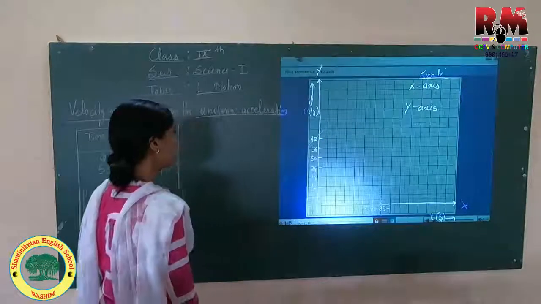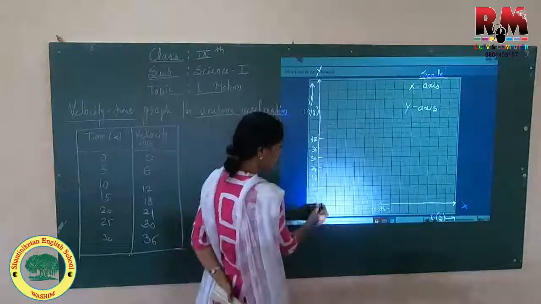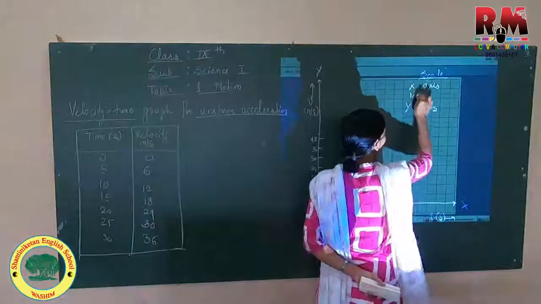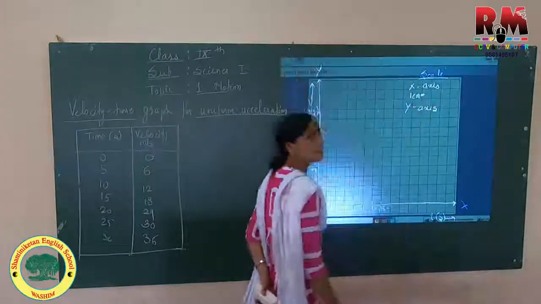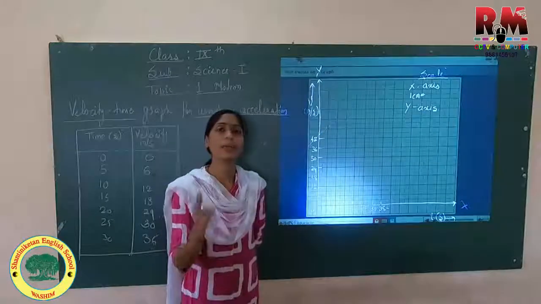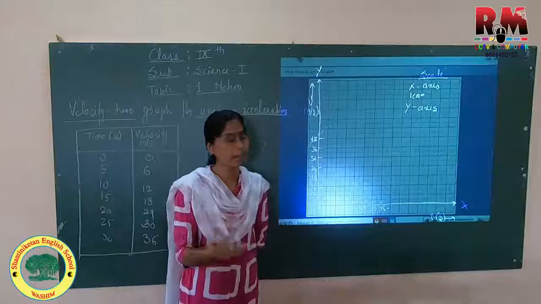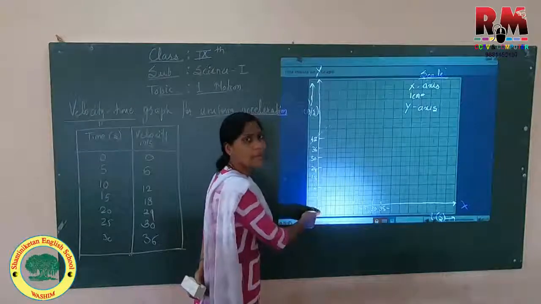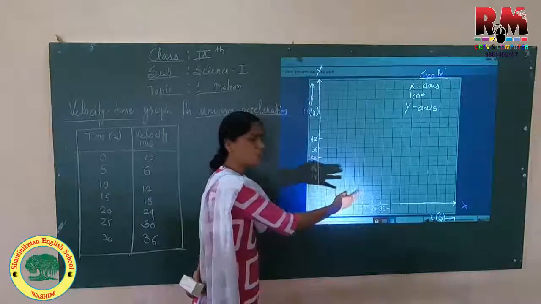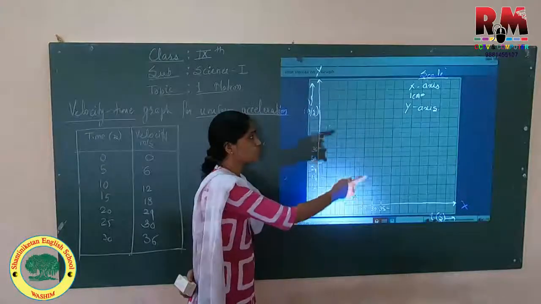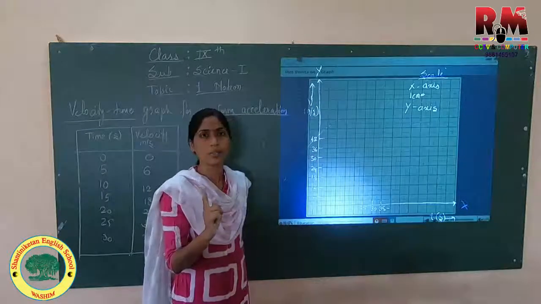Now let us write the scale. Here the scale is of 1 centimeter. In the previous case I had taken 2 boxes, so that's why I used 2 centimeter. Here I have used 1 box only. We may use 2 boxes; you can try for 2 boxes. Only the scale will change here.